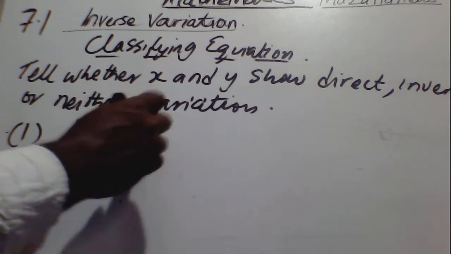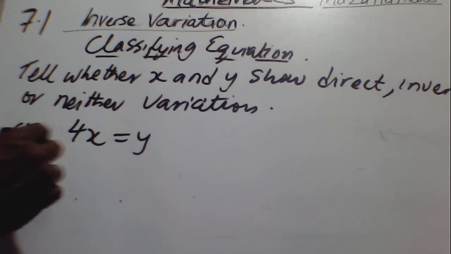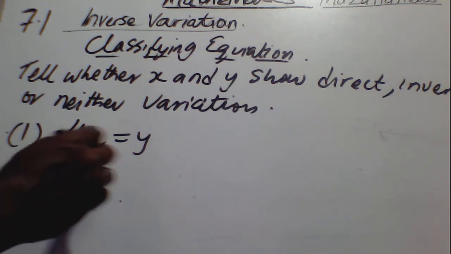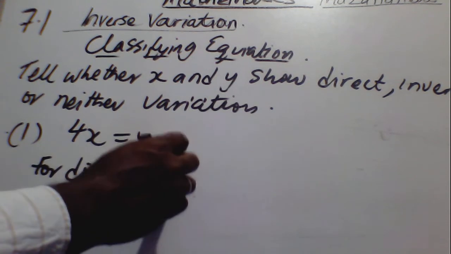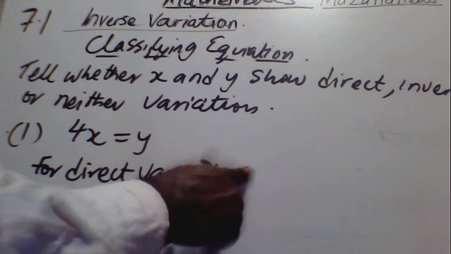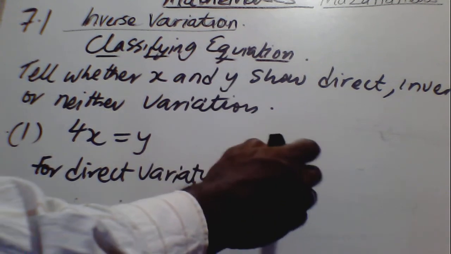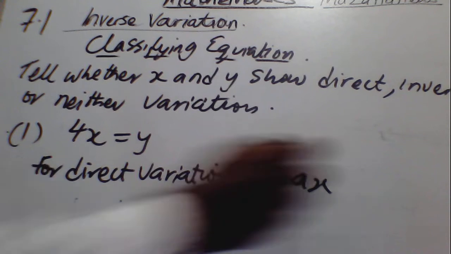For x equals y, what type of relationship is this? The first thing is to state the relationships you know. For direct variation, we have y equals ax.